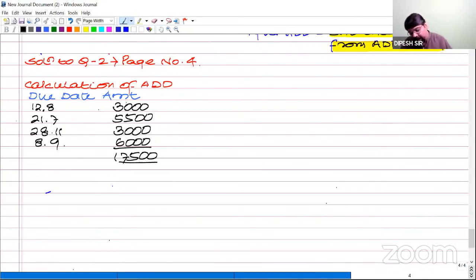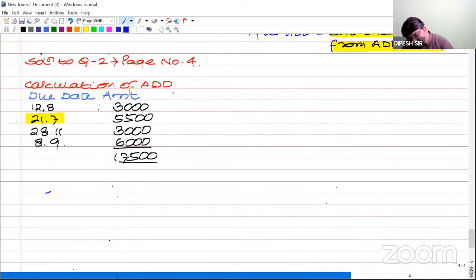How was it? 9th of April plus 4 months and 3 days, so it was 12th of August. Correct? Which is the earliest due date? 21st of July. So this is our base date, Charted. Yes, sir.